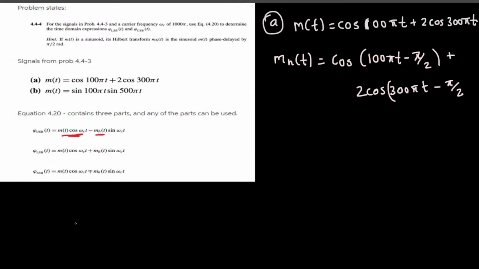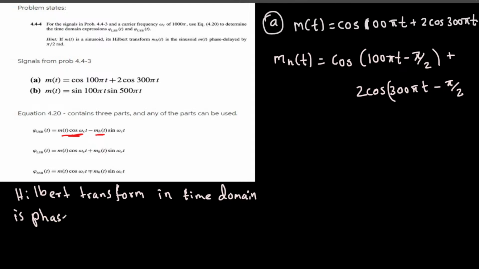We can also mention here that the Hilbert transform in time domain is a phase shift, or delay, by minus 90 degrees. That is expressed as π/2 here.